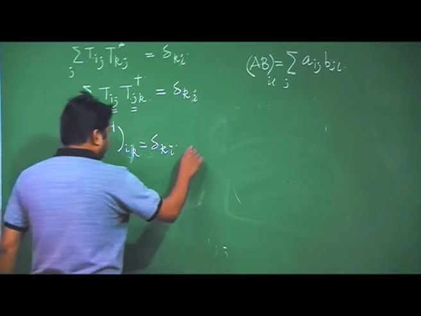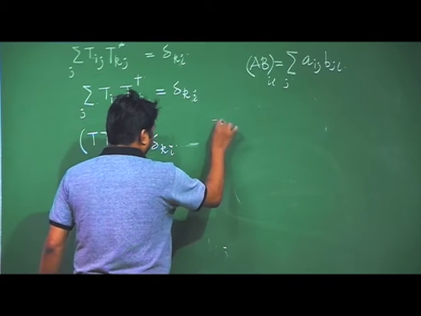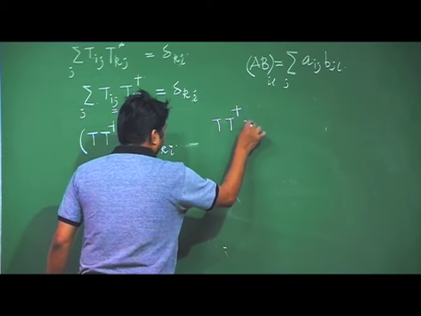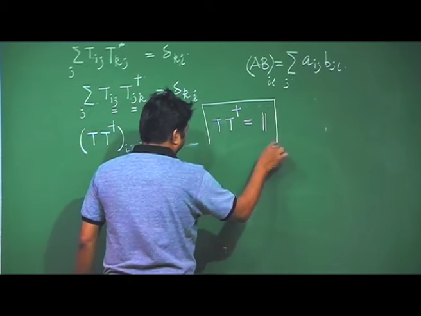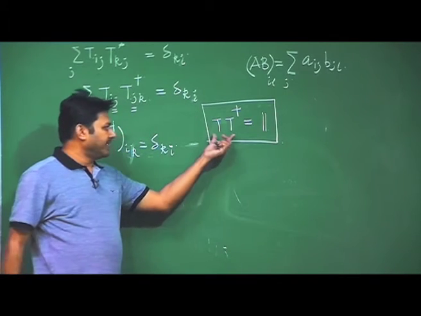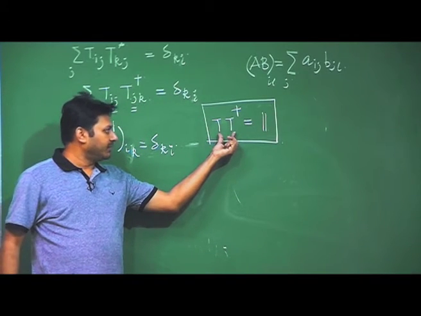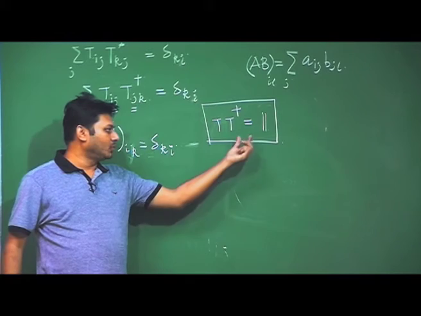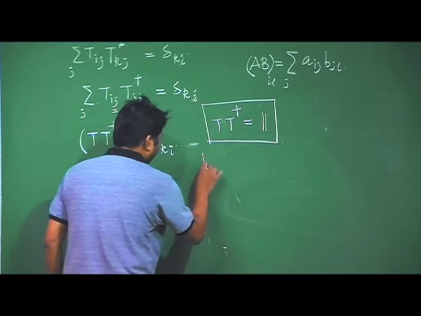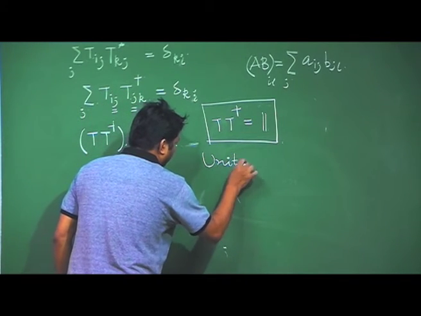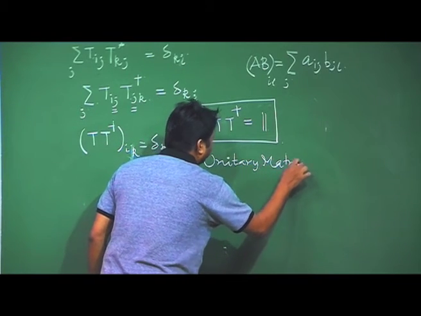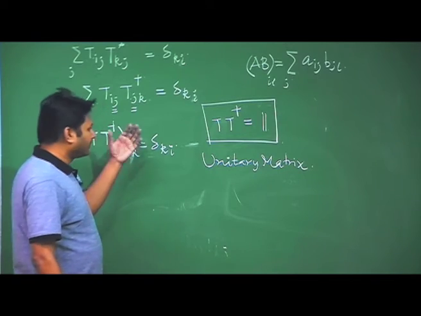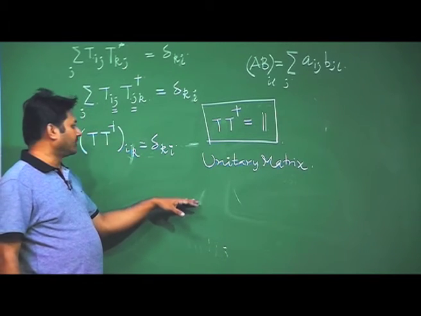So that means T T dagger is nothing but unity. A matrix multiplied by the dagger of that matrix giving 1 is called a unitary matrix, and this transformation has to be a unitary transformation.